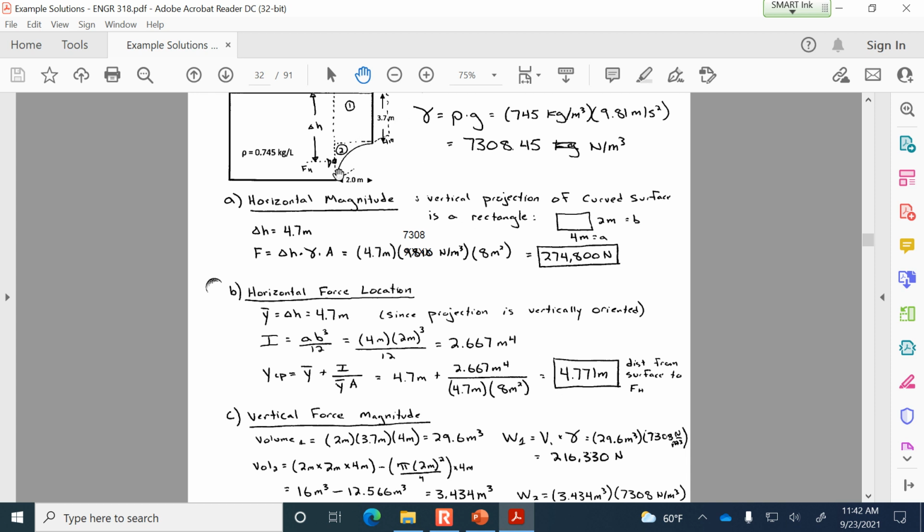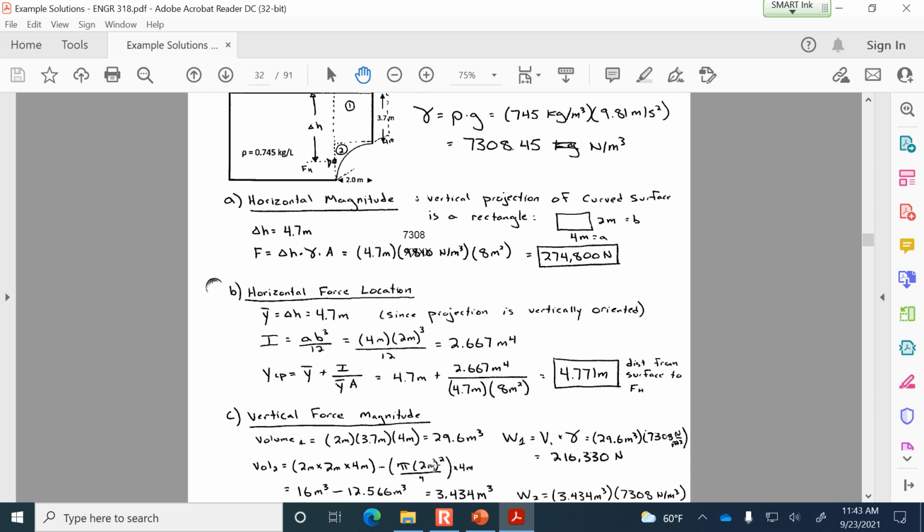Element 2 is a little bit more complicated because what we do is, first of all, calculate the overall volume of a rectangle that's 2 by 2 by 4. So it's 2 in width, 2 in height, and 4 in depth. And then we subtract out the quarter circle. The area of the quarter circle is pi r squared divided by 4, and you can see that I've multiplied it by 4 to give it its depth into the page.